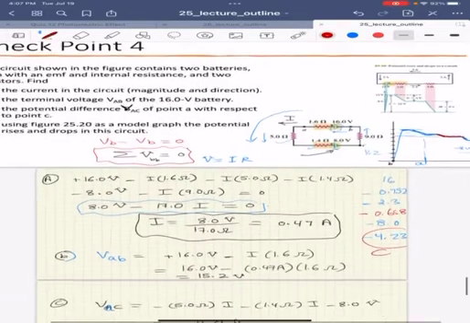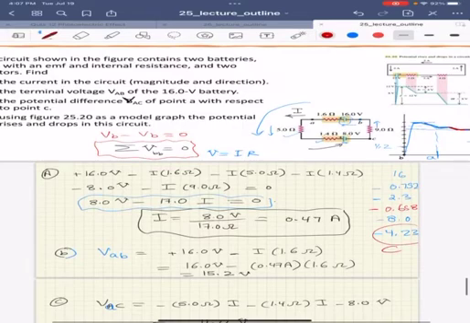When I go through the 16 volts, I go from low to high, so the change in voltage is positive, 16 volts. For a resistor, when I go in the direction of the current, it is negative: negative I, because I have only one current through the circuit, times the value of the resistor, which is 1.6 ohms.